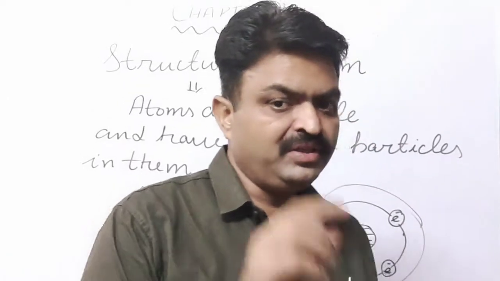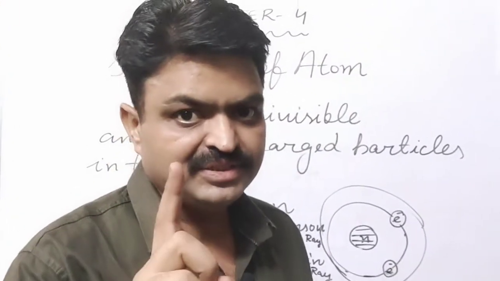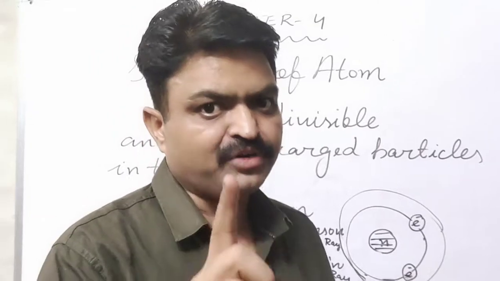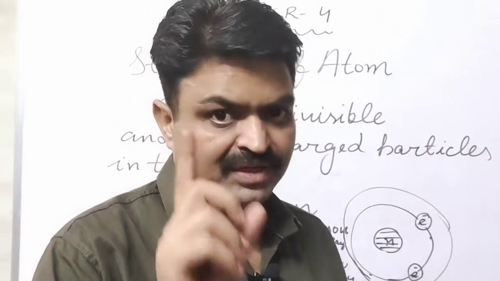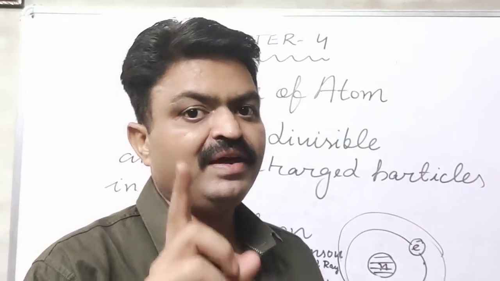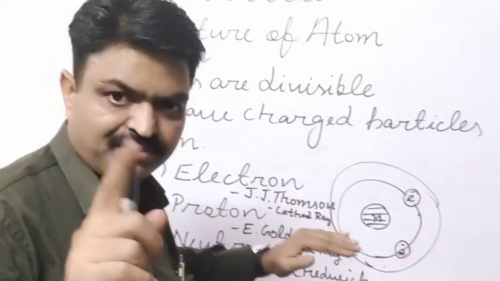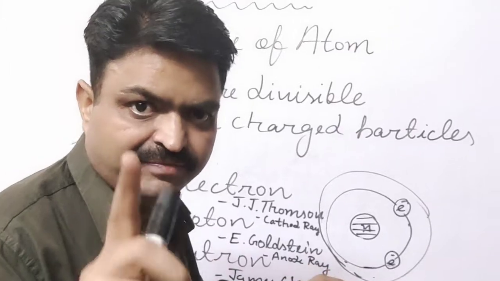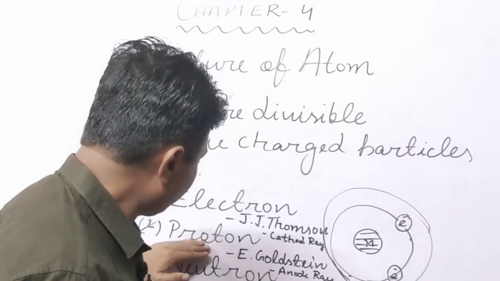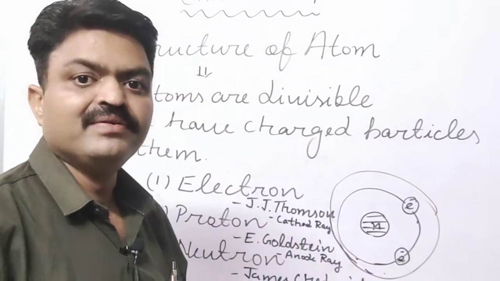So in today's segment we have discussed the subatomic particles of an atom. First is electron, that was discovered by J.J. Thomson. Proton, that was discovered by E. Goldstein.